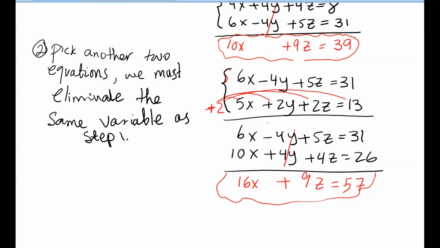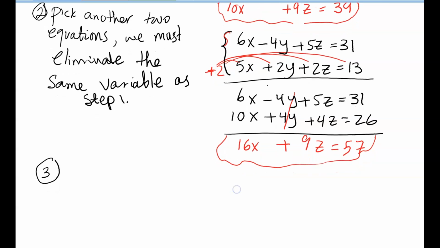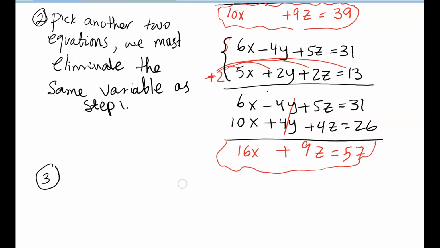Step 3 says use the equations from the first and second steps. So you have two equations.